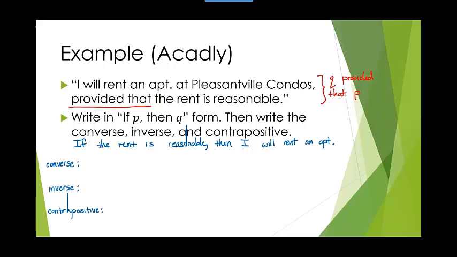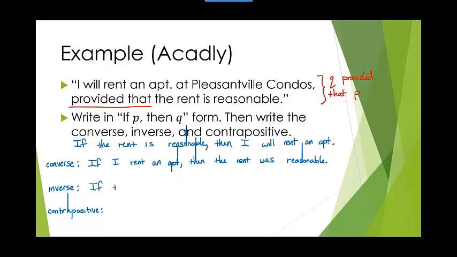Okay. Converse means switch the order. So if I rent an apartment comes first, then the rent was reasonable. Inverse says take the if P then Q sentence and just negate each part.